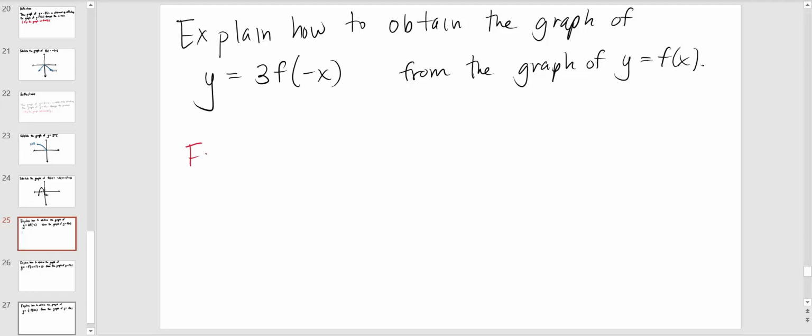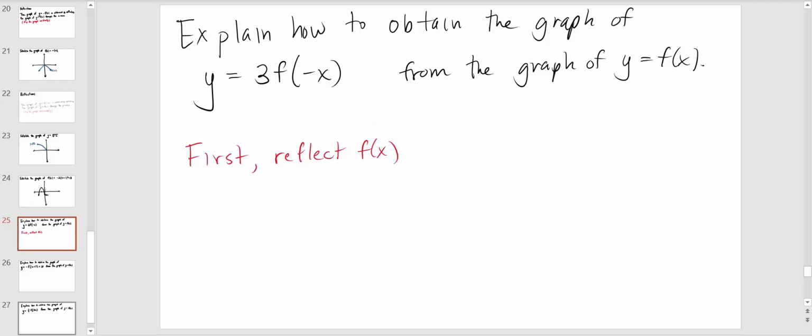So first, we should say the graph of y equals f of x, but we're just going to say reflect f of x. It's understood that we're reflecting the graph. So I'm abusing the language a little bit here. I'm not saying this perfectly, but I don't need you to say it perfectly. I know what you mean when you say reflect f of x. Well, I almost know. You have to tell me where you're reflecting it.